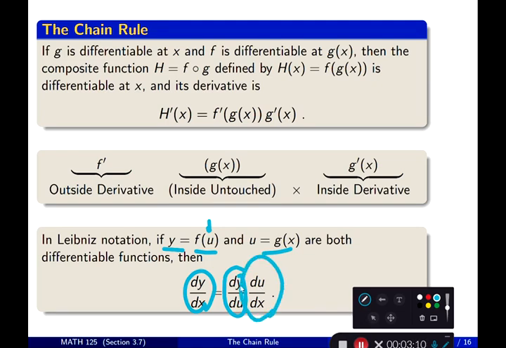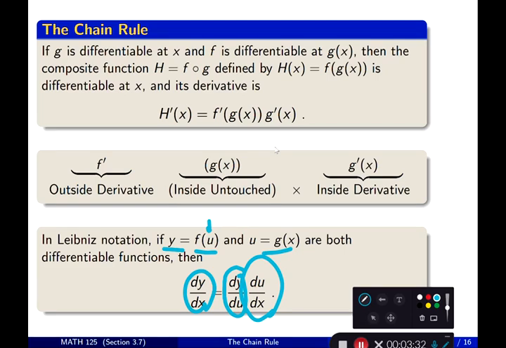It is important when you're plugging in values though. Look, this one is f prime evaluated at g of x. So you're taking the derivative, but you're plugging in the inside function, and then you're multiplying it by g prime.